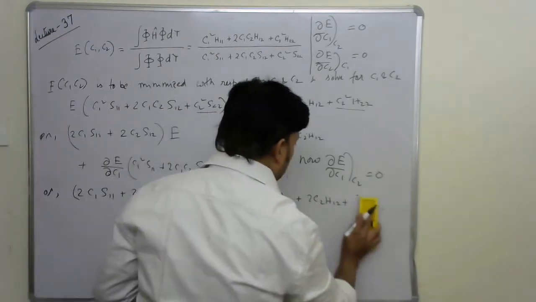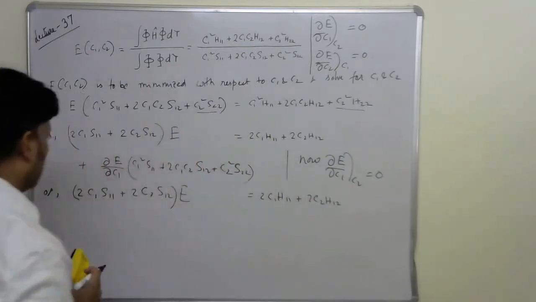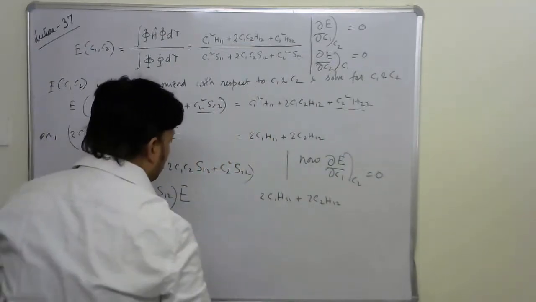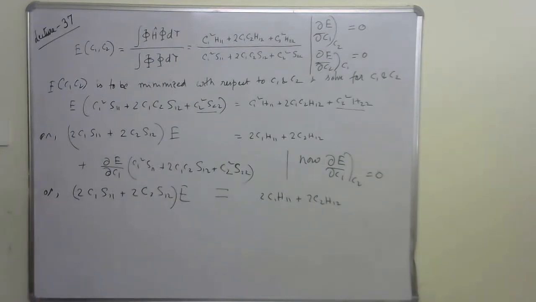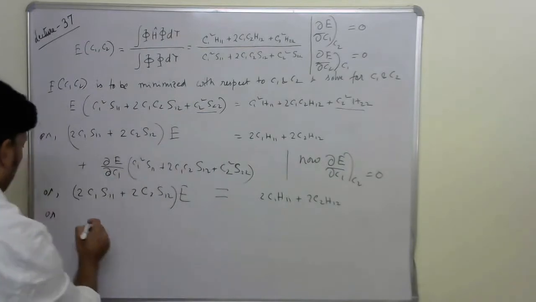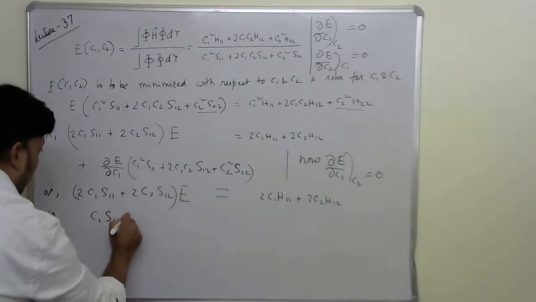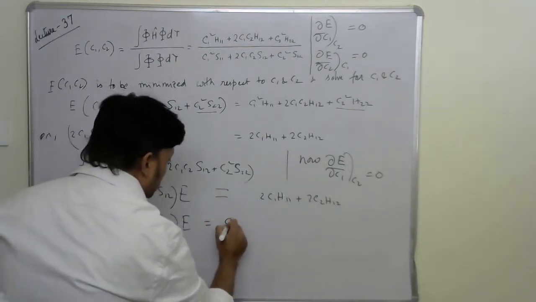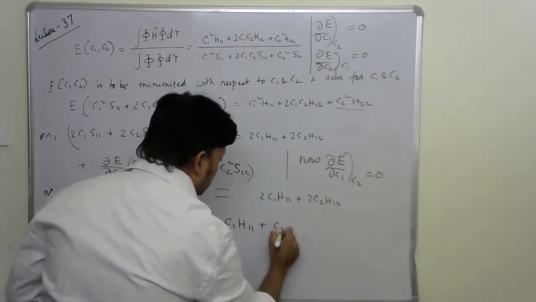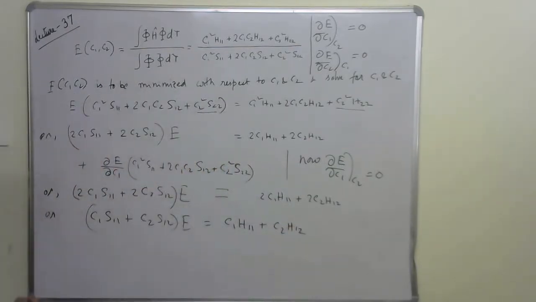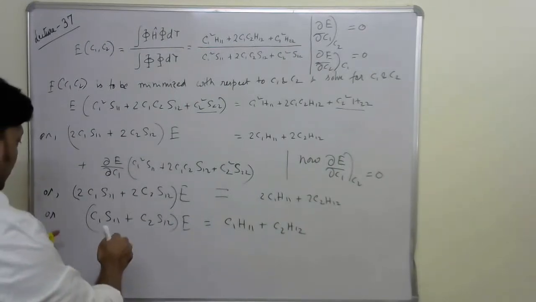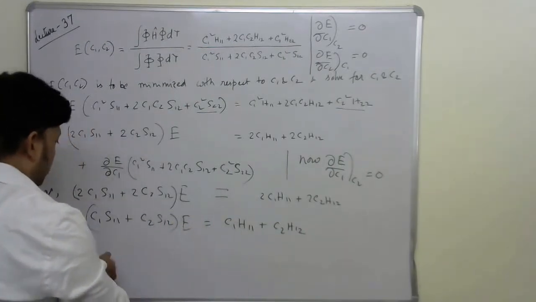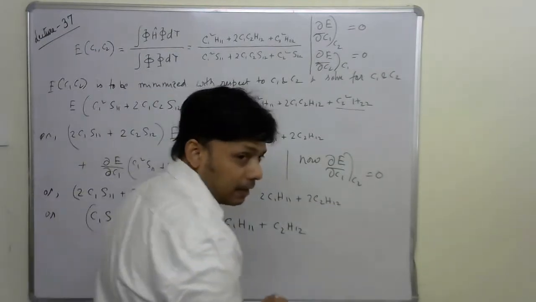Is equal to this. Okay, so now we have to simplify this thing further. How can we simplify this further? Look, we have 2 on all sides, so it simplifies into something like C1 H11 plus C2 H12. Now I'm going to take the C1 terms on one side and the C2 parts on the other side.